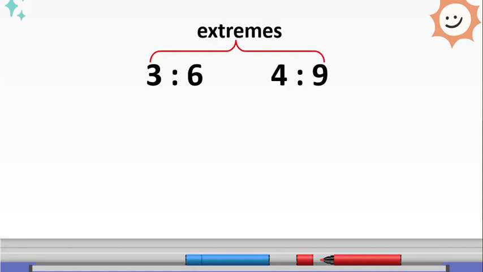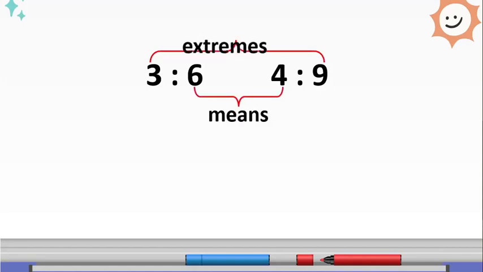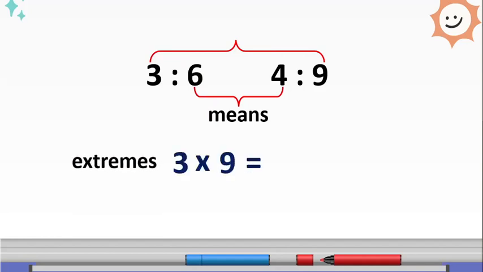Let's try another one. Another given. Are these two ratios equal or proportion? Let's find out. The product of the extremes and then the product of the means. Multiply the extremes, 3 times 9 equals 27.